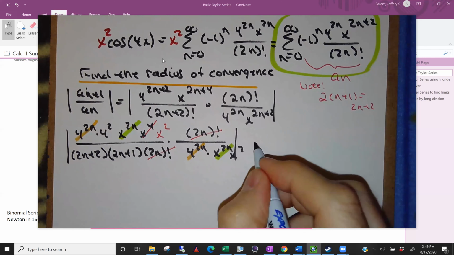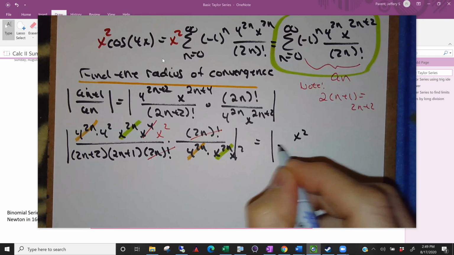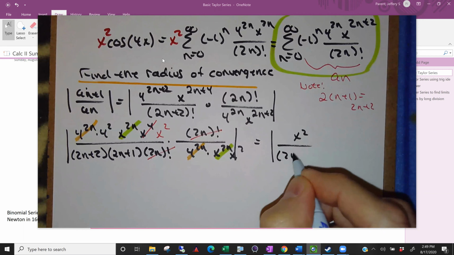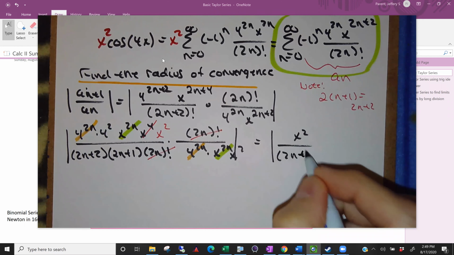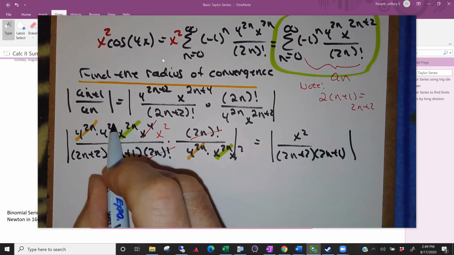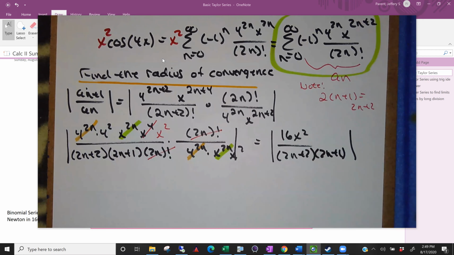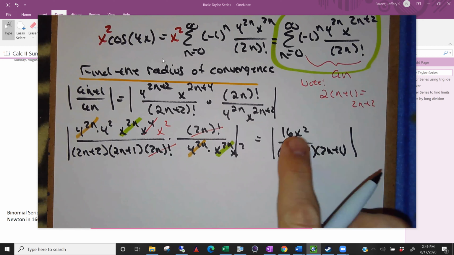All right, I think we're good here. That's going to leave me with absolute value of x squared over 2n plus 1 and 2n plus 2, or 2n plus 2 and 2n plus 1. And there's also a 16 up here in the numerator. Now the good news is that this part doesn't depend on x.